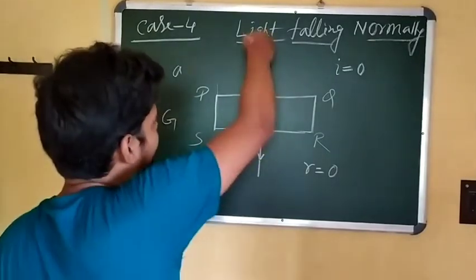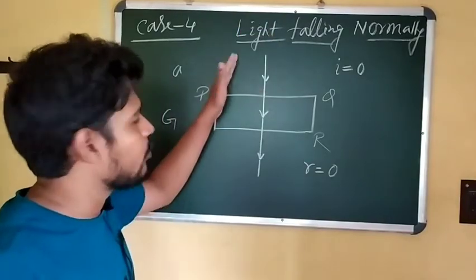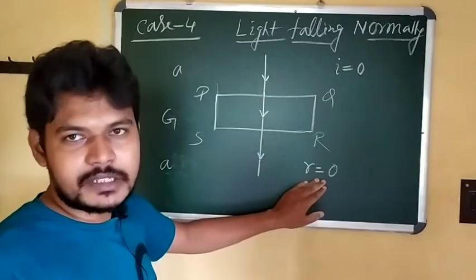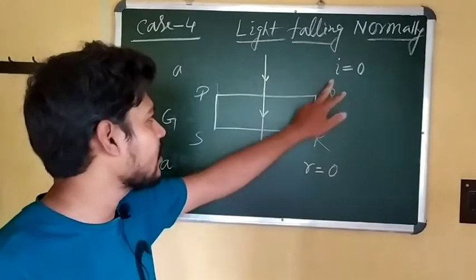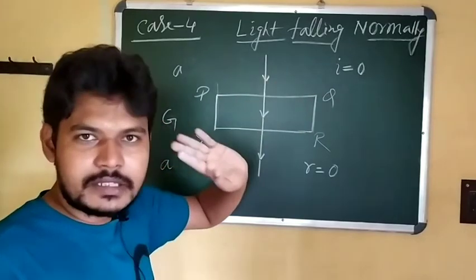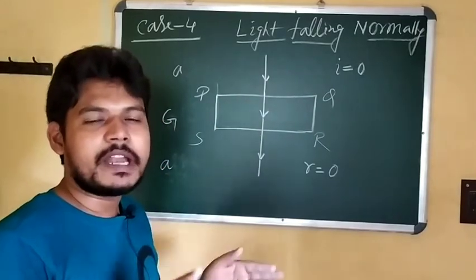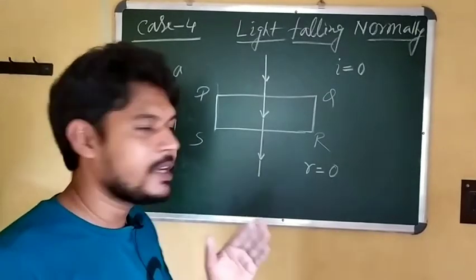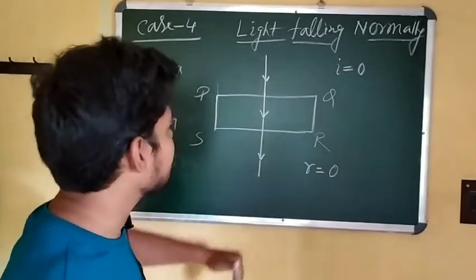But when it falls perpendicularly from one medium to another medium, then the angle of refraction will be 0, as the angle of incidence is also 0 here, and that is called perpendicular incidence, and there will be no bending of path. Light directly passes from one medium to another medium along this straight line.